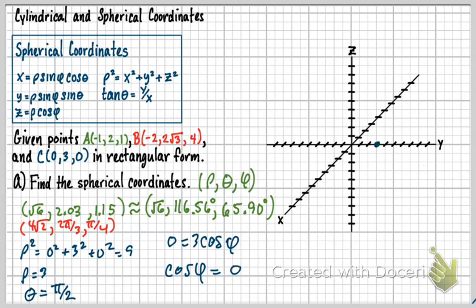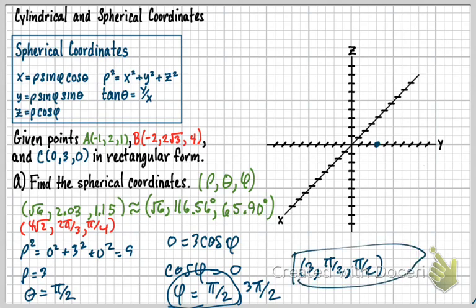And where cosine equals 0, my phi is going to be pi halves or 3 pi halves. Just take my word for it, it's going to be this one for now. It's going to be pi halves. Now we're going to have some fun graphing this in the next video, and you'll see why I picked phi the way I picked phi. So my third point is 3, comma, pi over 2, comma, pi over 2. That's our answer for the third point.